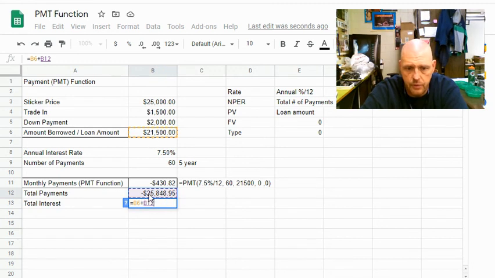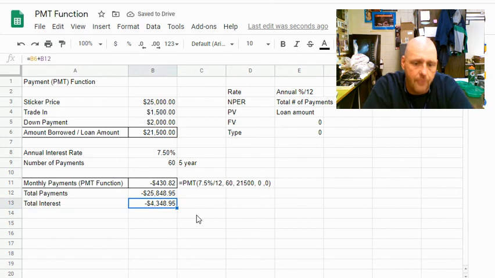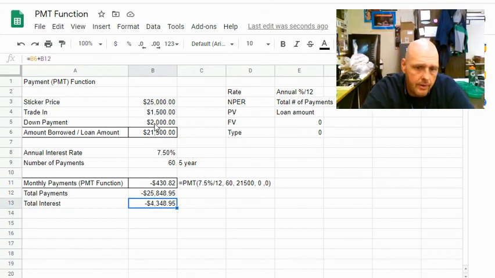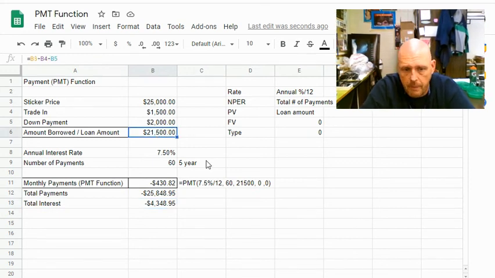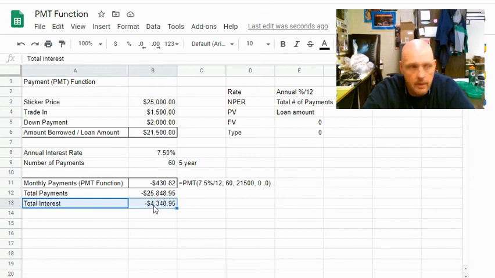So the difference between 25 and 21,000 is it's costing me $4,300 in interest roughly to borrow this $21,000 over the next 5 years. So this is a review of the facts you need to figure out the payment function, the calculation of the payment function, calculation of total payments, and total interest.